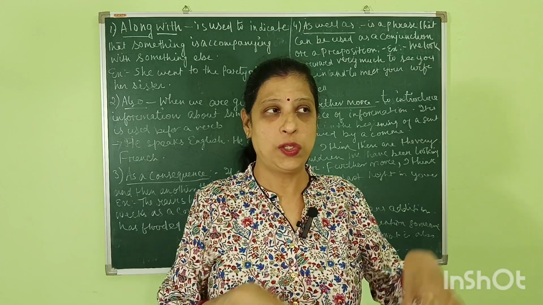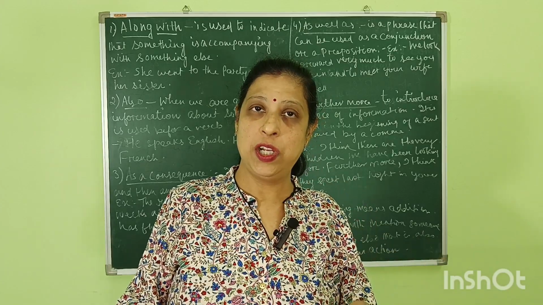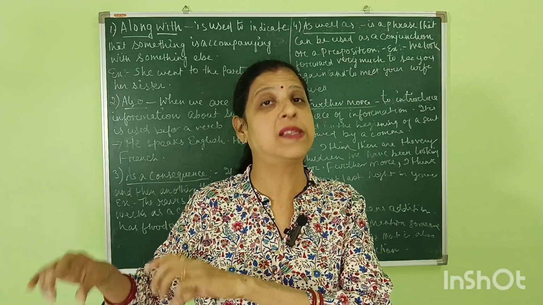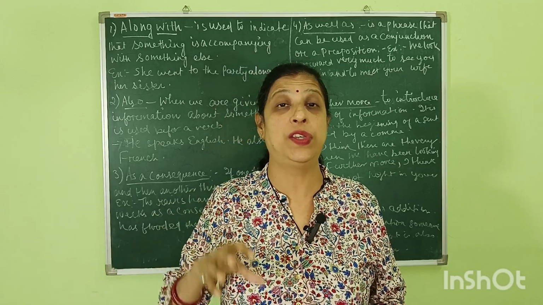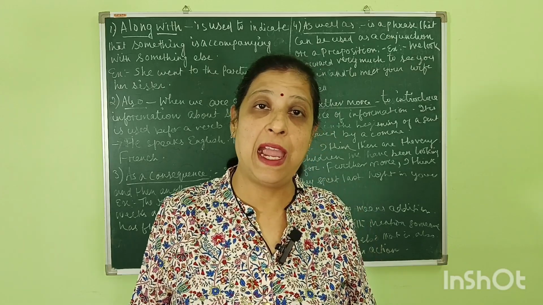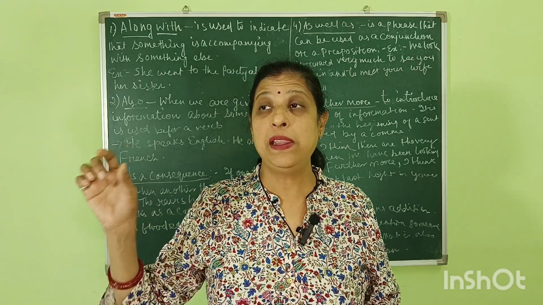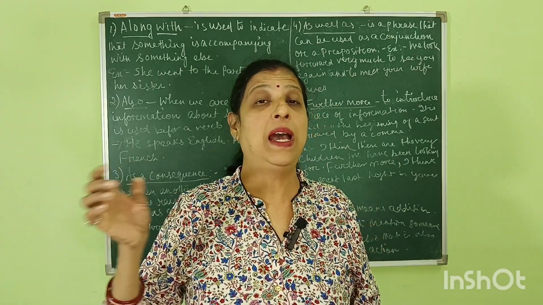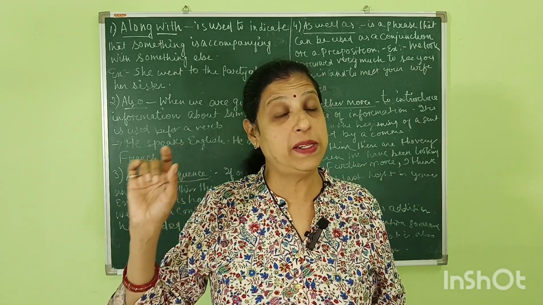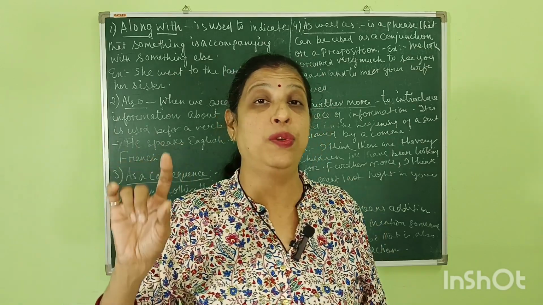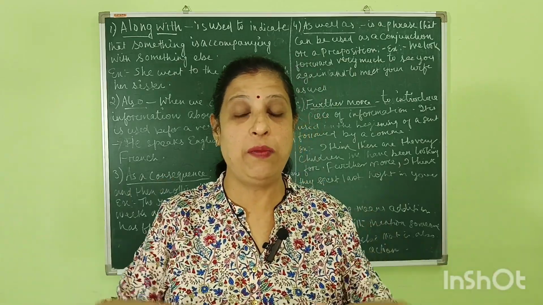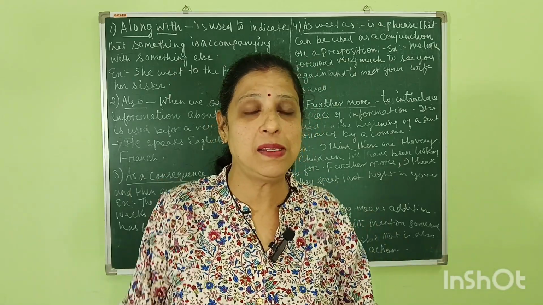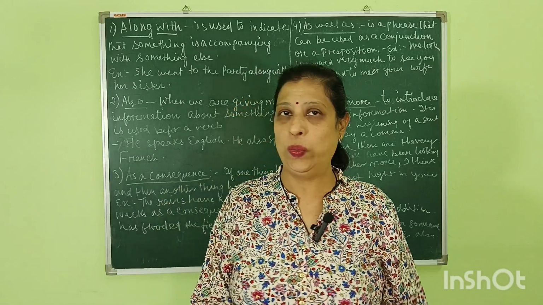It is a verb. So he speaks English. He also speaks French. Done? So also is used instead of and. Remember children, when there is an action word, you will have to use also before that. When someone is accompanying something else, you will use along with.